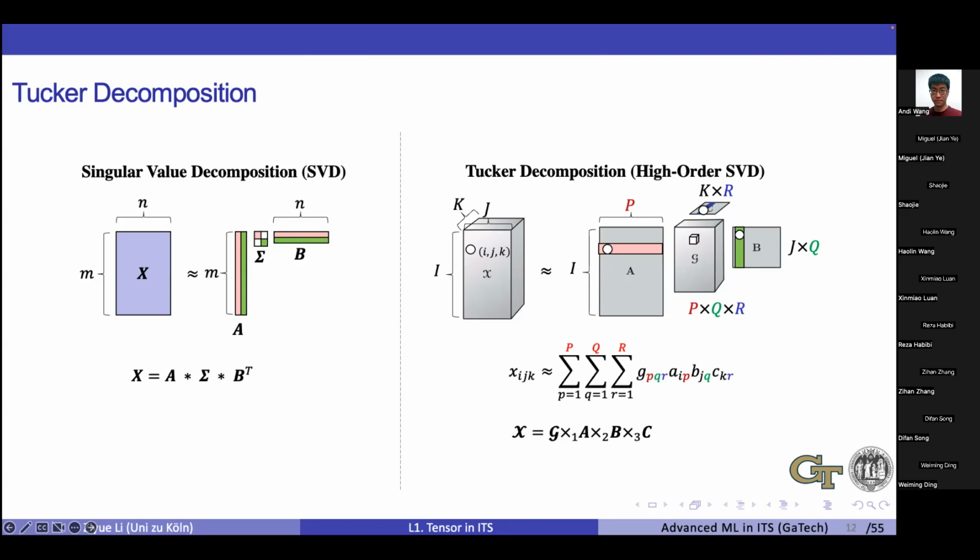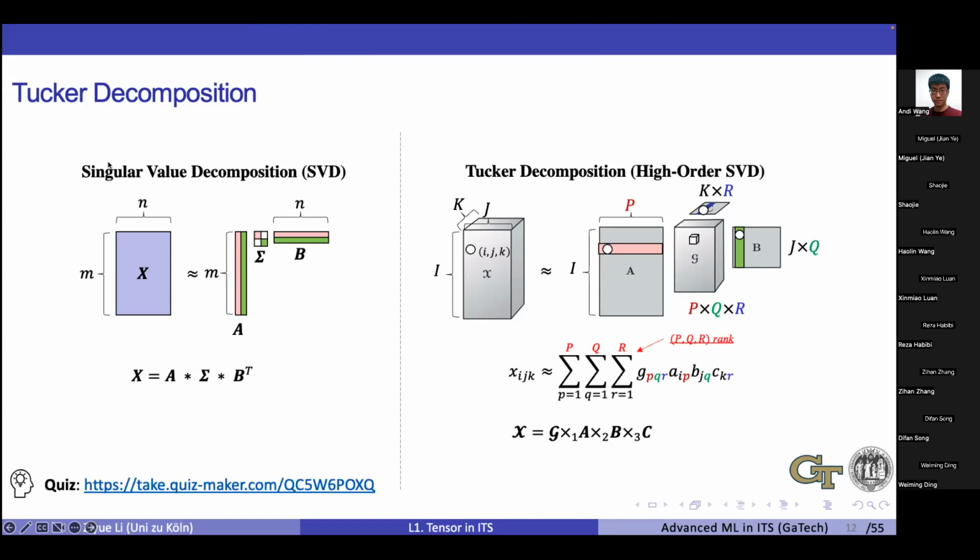And similarly, Tucker decomposition is a high order version of SVD, where we decompose the tensor of dimension I J K into a core tensor with the dimension of P times Q times R. And along each dimension, we get the mode matrix ABC. And here, you can see that the PQR is what we call the rank for Tucker decomposition.